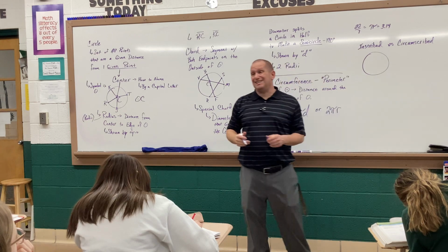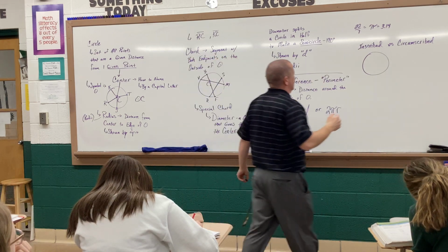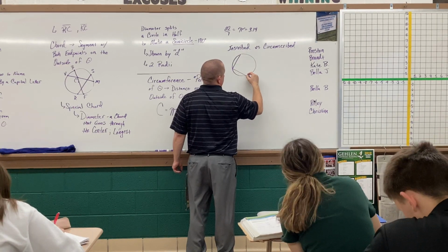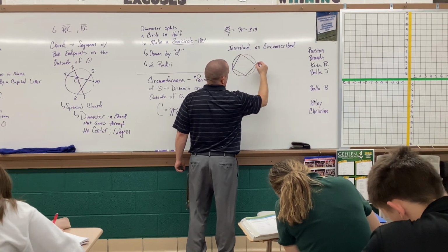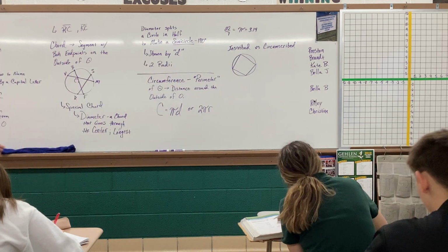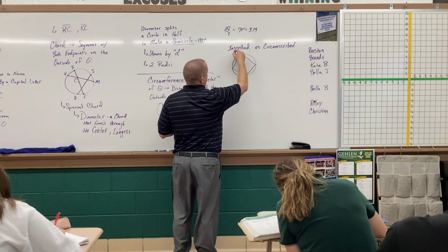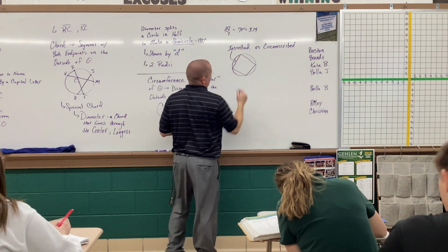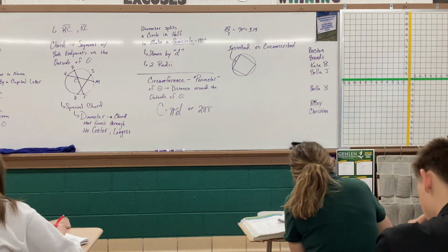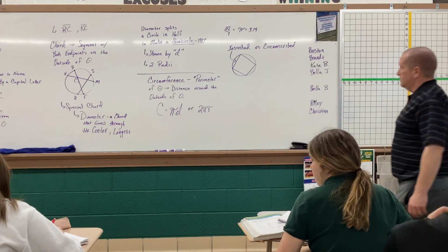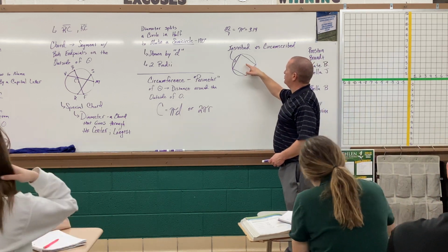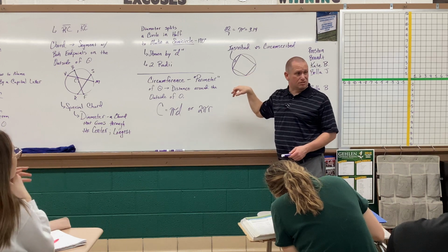So if it's inscribed in a circle, it means that I'm going to draw a shape on the inside of it. It could be an actual square, or it could just be some random quadrilateral like this. It could be a triangle. It could be a pentagon. Doesn't really matter what it is. Okay? The quadrilateral is inscribed inside the circle.